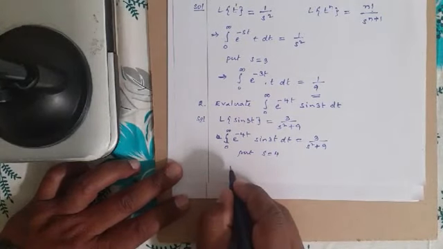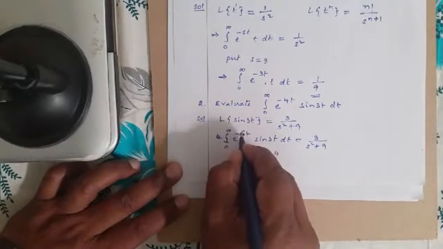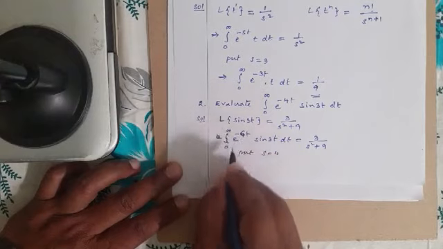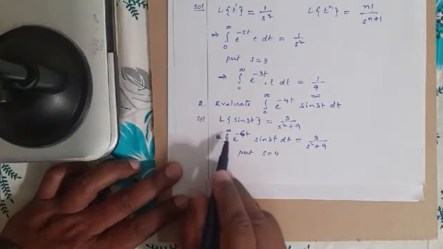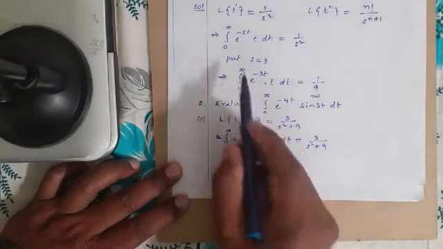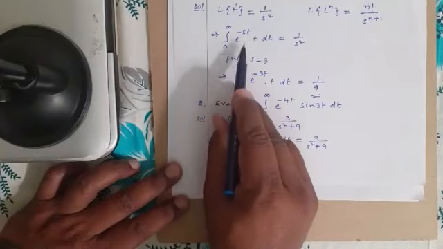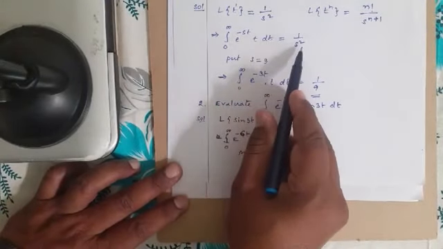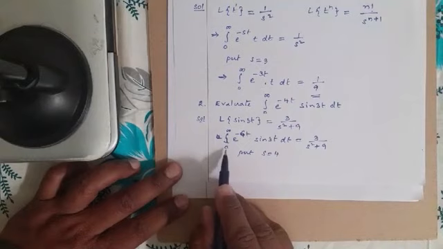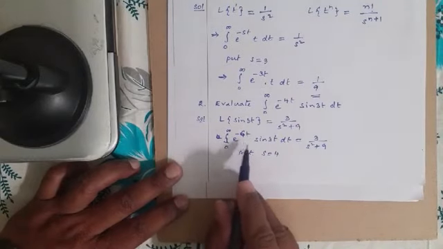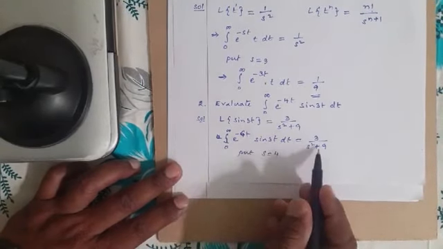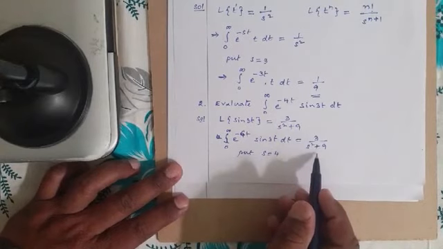Here also, we have taken integral 0 to infinity e power minus st t dt is equal to 1 by s square. In the same way, integral 0 to infinity e power minus st sine 3t dt is equal to 3 upon s square plus 9.